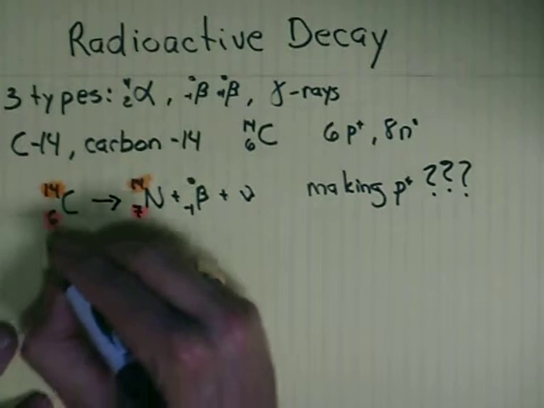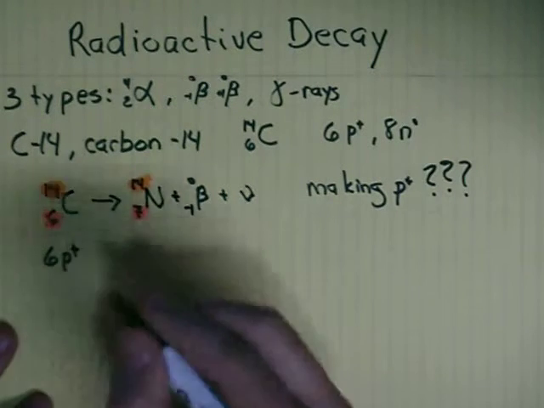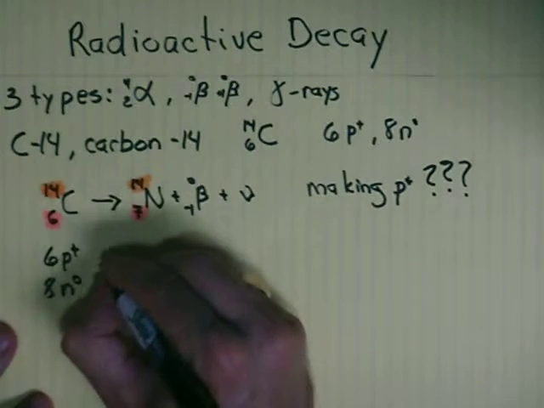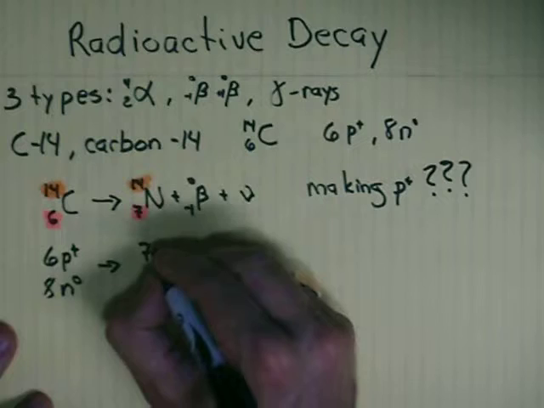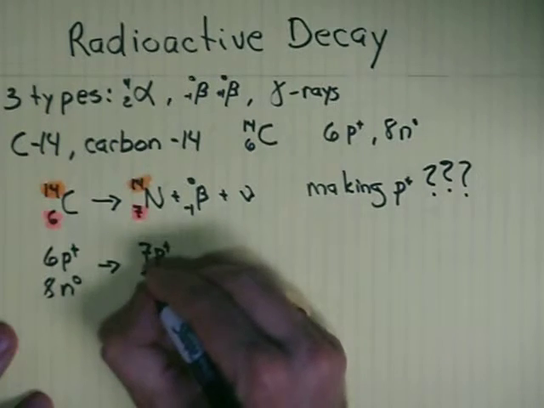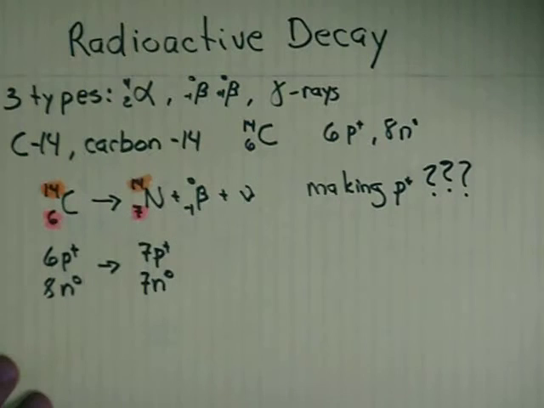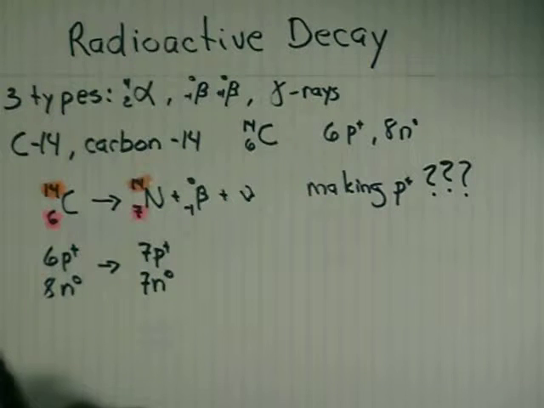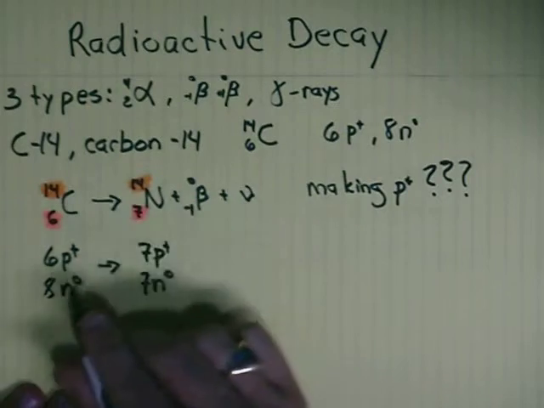We start off with 6 protons and 8 neutrons, and we're going to 7 protons and 7 neutrons, because that's what nitrogen has. In looking at that, we can start to see how we can get from one to the other.